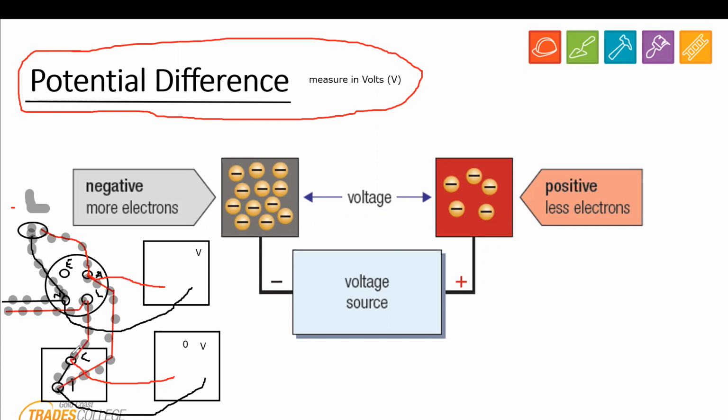There's no difference between this point here and this point here because the current going through there is identical. All right, but from this point here and this point here where we've got our other tester leads, notice that we have something in the way which uses pressure. That means that this is going to use the pressure that's in the circuit. So you're going to have a difference.